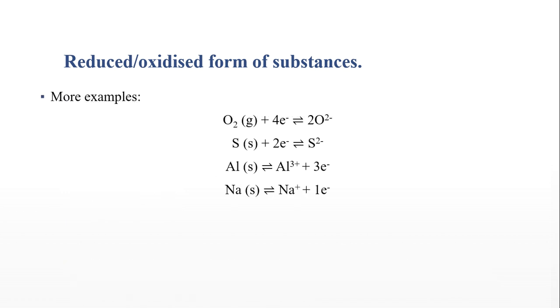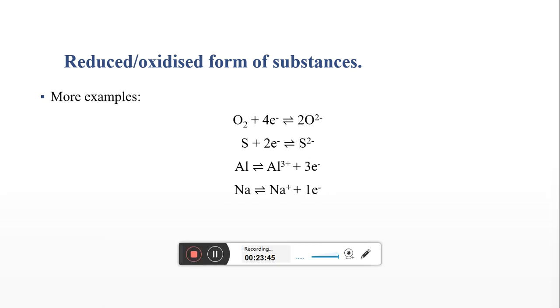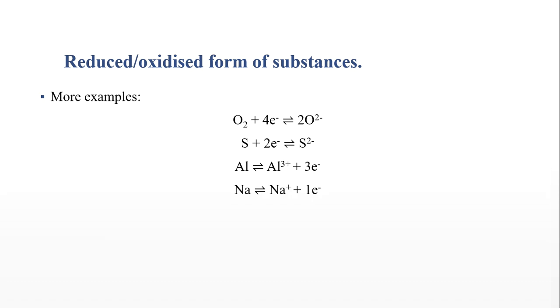Here you have a few examples of reactions. So let's see what happens here. We have oxygen gas. I've added states of matter here for some reason, but you don't need that. Let's not clutter this too much. So, oxygen comes as an oxygen gas usually, right? So, in order for oxygen to form oxide ions, we need to take up extra electrons to gain a negative charge.